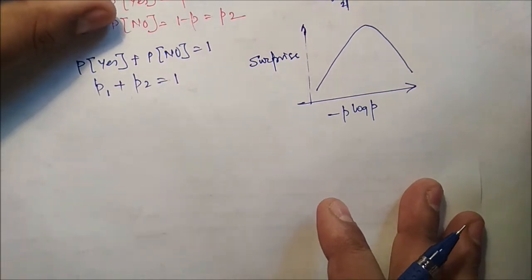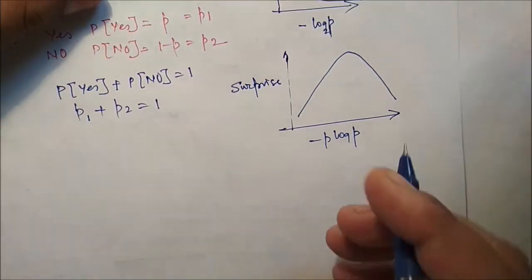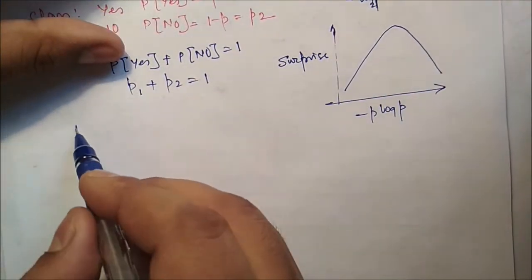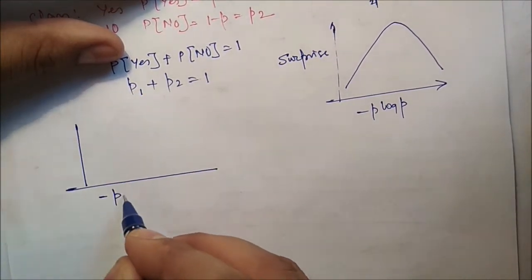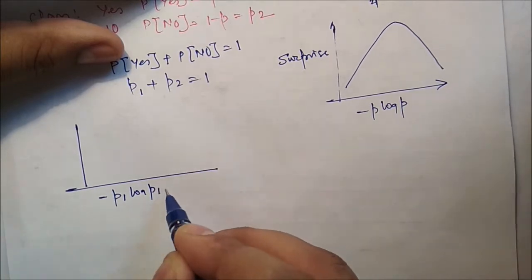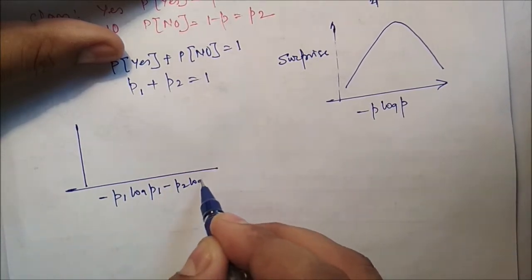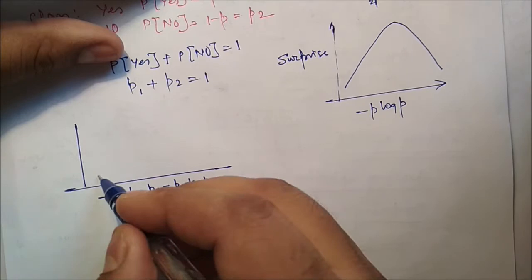But for the expected information of two events, here only one event is there. For the expected information of two events, we can merge these, so we can write minus p1 log p1 minus p2 log p2. It will be like this.